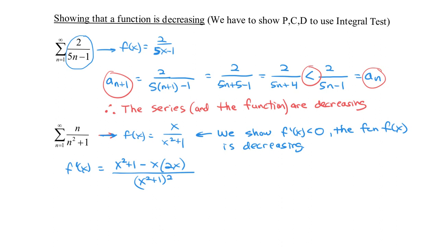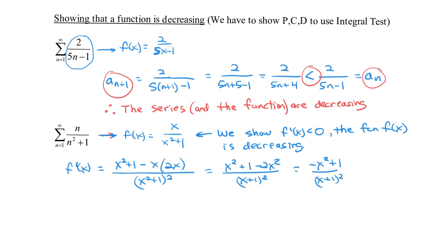Or if you prefer that weird chant, low d high minus high d low, all over the square of the bottom we go. So this would give us, let's see, x squared plus 1 minus 2x squared all over x squared plus 1 squared. Or in the numerator we would get negative x squared plus 1 over x squared plus 1 squared.